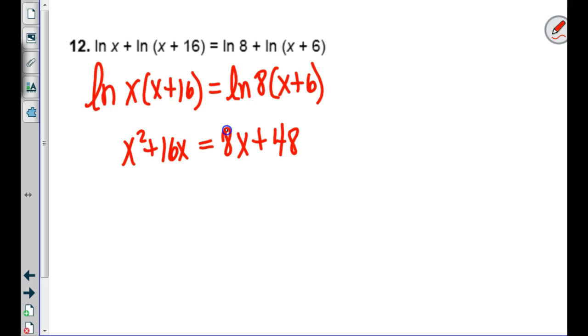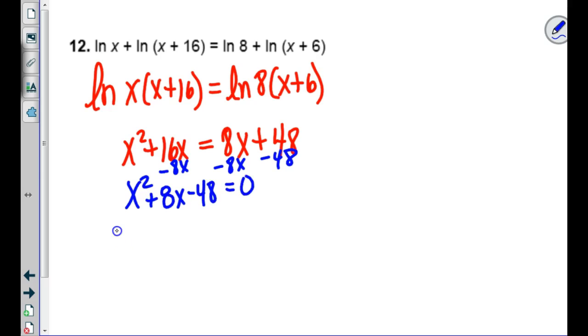Once we were down to a single log, we can get rid of the log. So then I have x squared if I subtract 8x and 48 over here. I still have a positive 8x and a minus 48. Factors of 48 that make 8, guys.